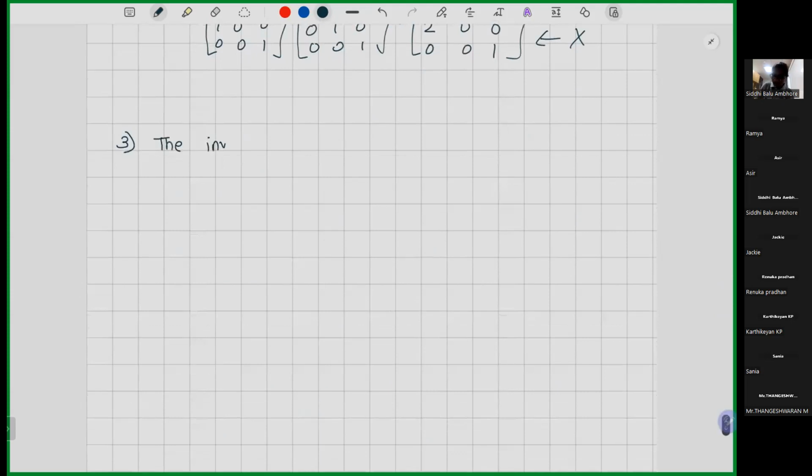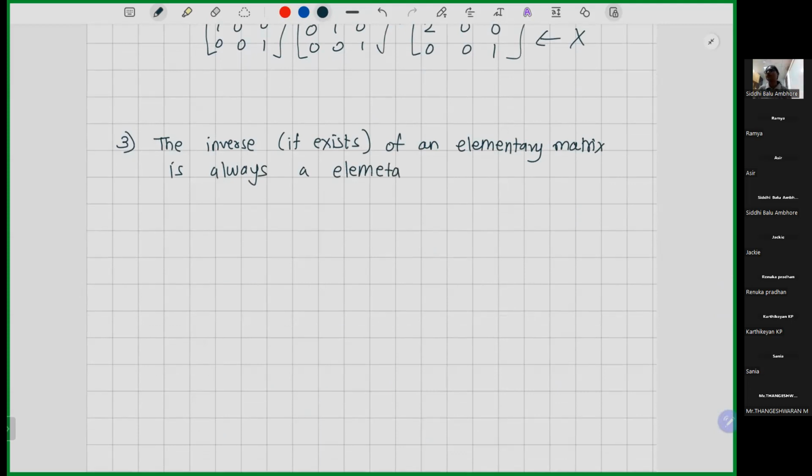The inverse, if it exists, which we just proved that it exists, of an elementary matrix is always an elementary matrix, and which is true. I guess Ramya just asked me this question, whether the inverse of an elementary matrix is elementary or not, is always an elementary matrix.